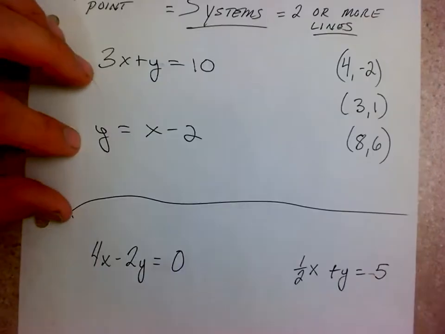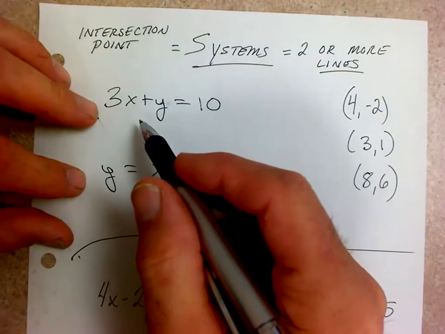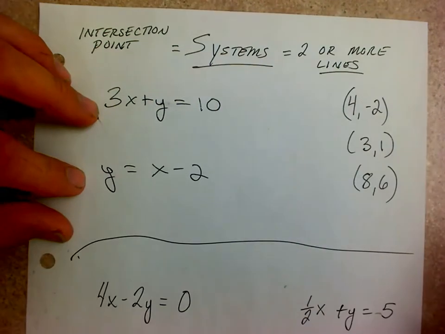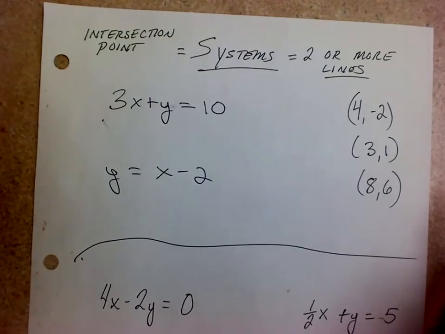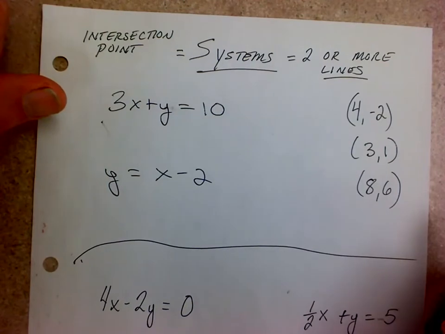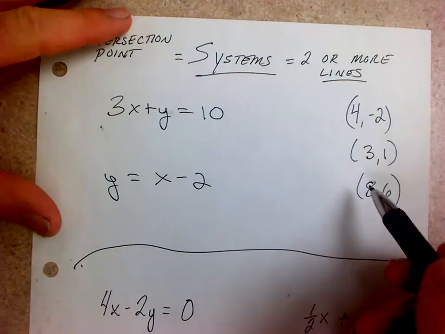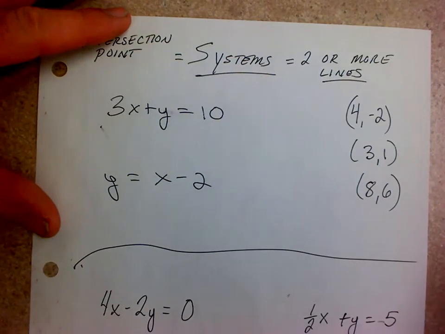So if we just look at our first two examples, we've got three solution possibilities over here. Our goal is to determine which one of these, if it's an intersection point, has to be a part of this equation and a part of this equation. So which of these 3 points works in both of them?